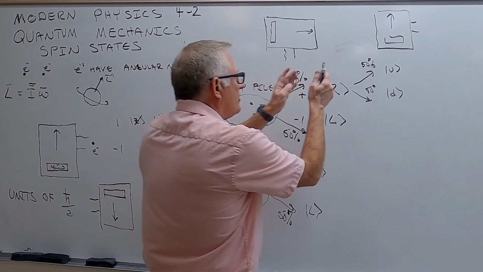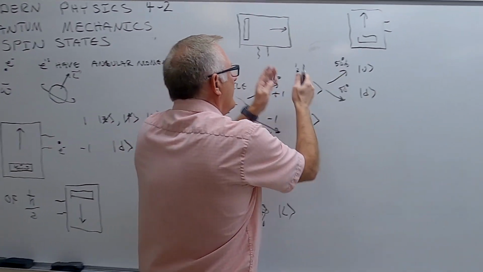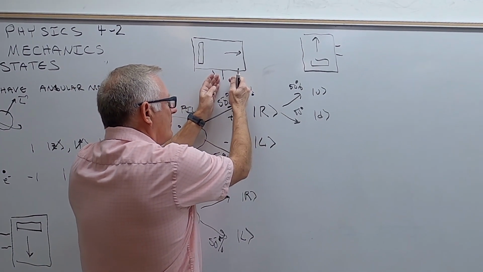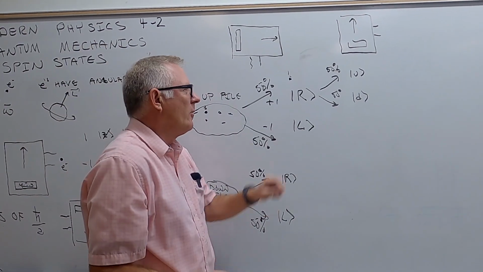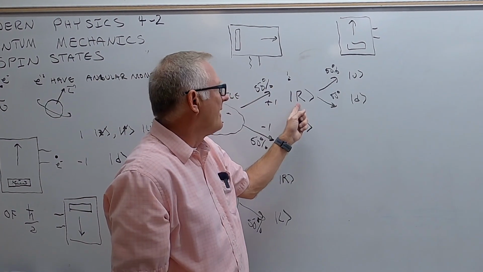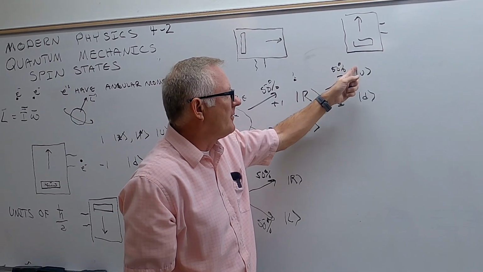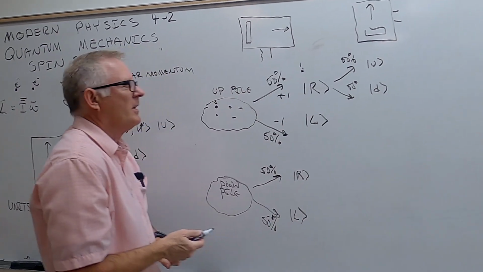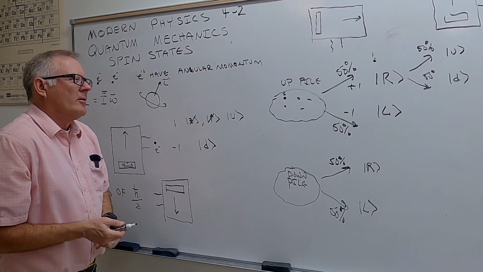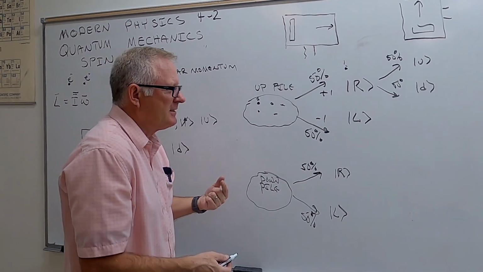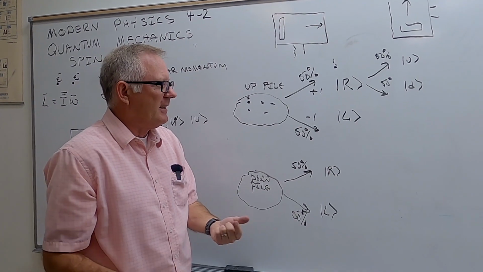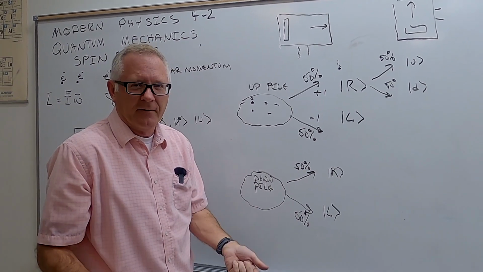When we measured a right, we prepared 50% of them to right and 50% to left. Then when we put it back up here, we prepared that right to 50% up and 50% down. So every time you make a measurement, you're preparing the state, which means that what we're measuring is not reality. We're always preparing reality every time we make a measurement.